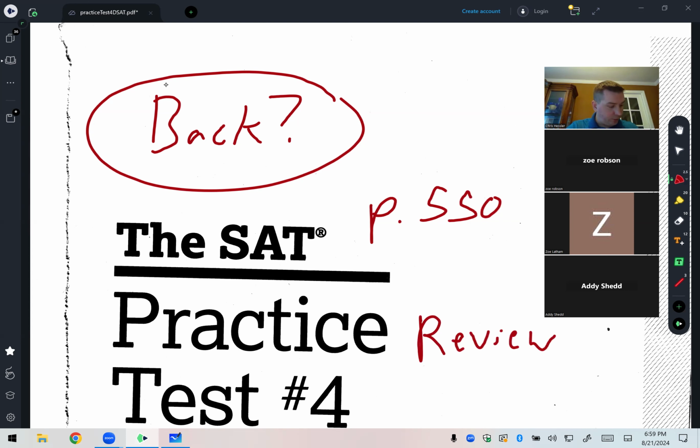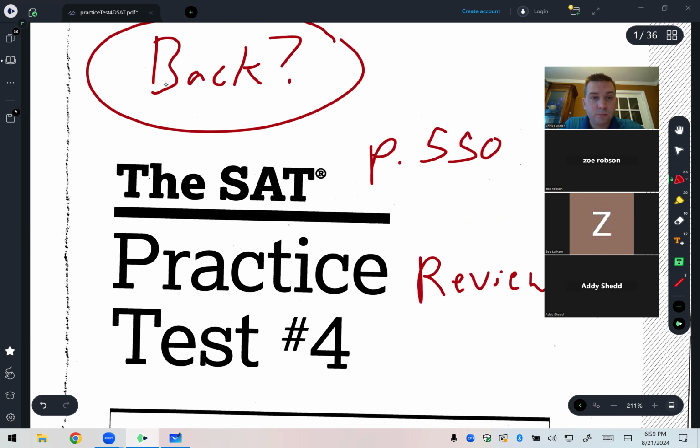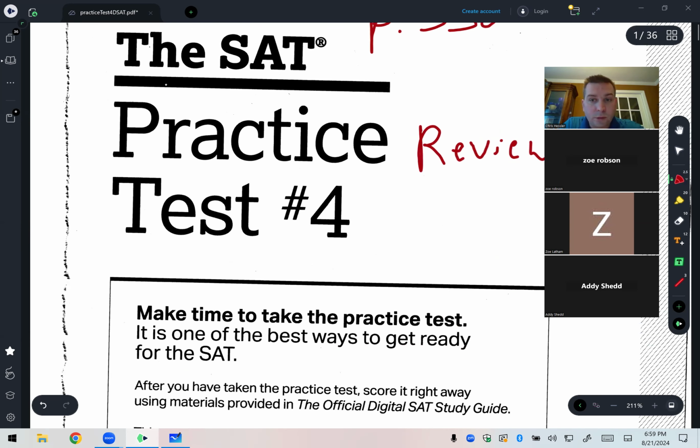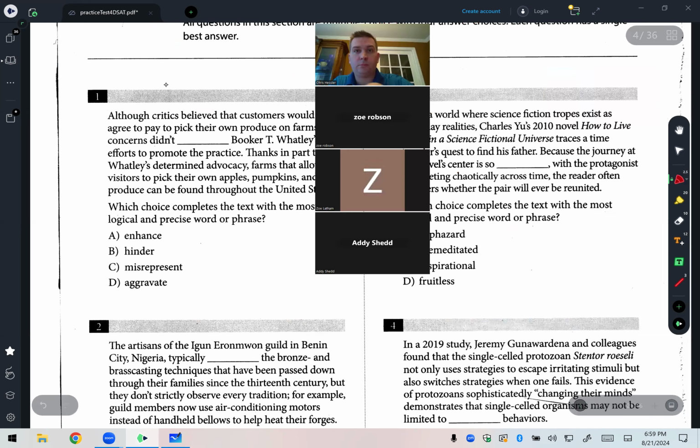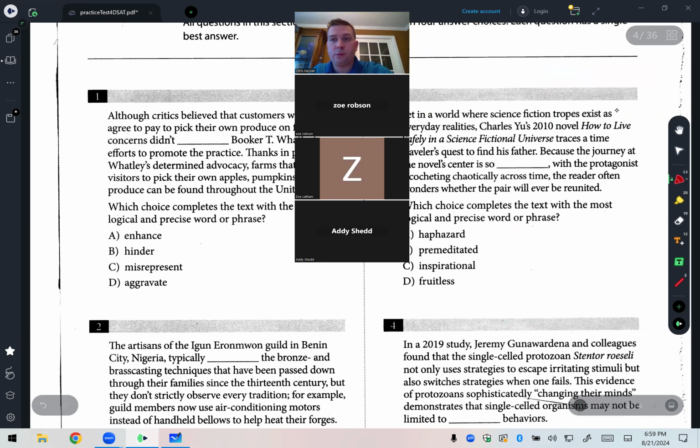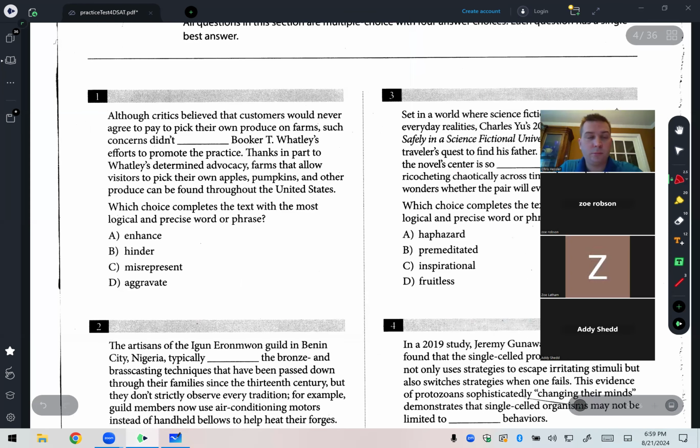And so this is page 550 in the blue book. So we're just going to do a little bit of English review. So we'll get started here.